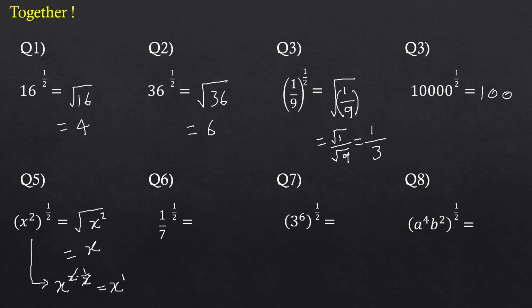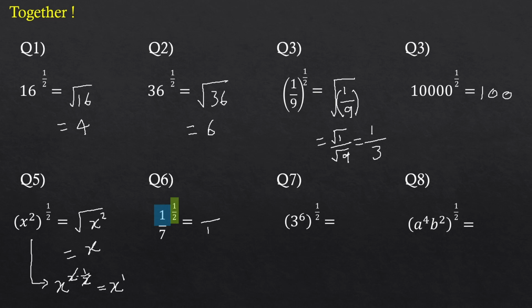Now, question 6. Be careful here. 1 over 7 to the power of 1 over 2. What should that be? Just to warn you, I'll give you a hint. Look at question 3. There's a difference between the two questions. We had a bracket for question 3, right? But here we don't have it, right? That means this 1 over 2 should only be applying to 1.